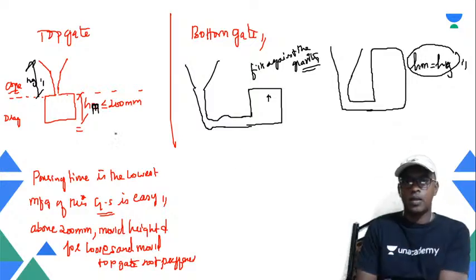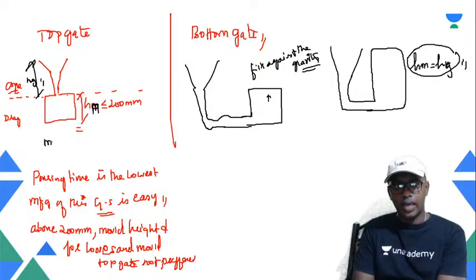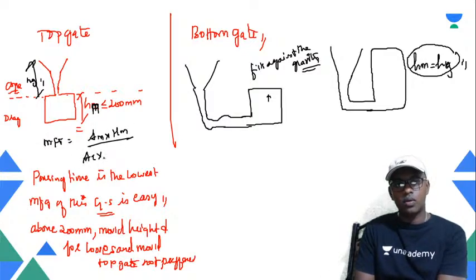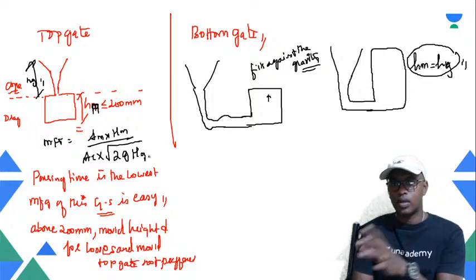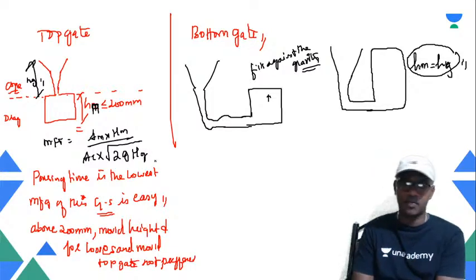Okay. So here the mold filling time is the usual one, AM into HM divided by AC into root over 2G H of G. For the gating system we can write either H of T or H of G, that's fine.